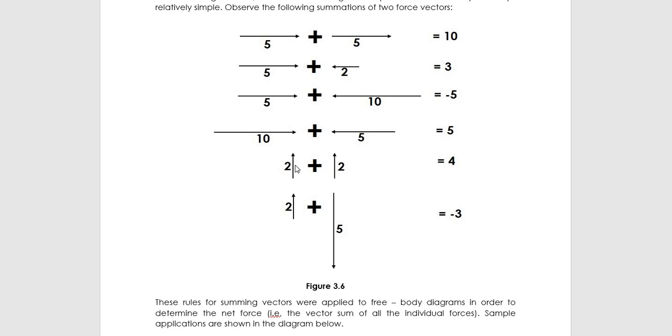Okay, so dun yun makikita sa y-axis. So positive 2 plus positive 2, that will be positive 4. And then we have a vector here, positive 2, plus a vector going down, which is a negative 5. So 2 plus negative 5 is equals to negative 3. Okay?